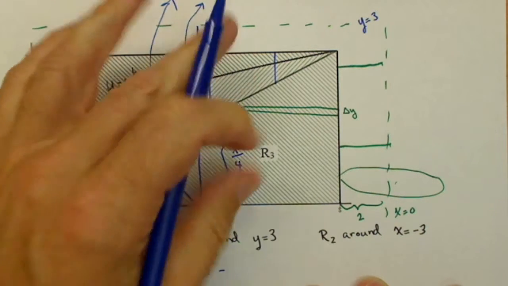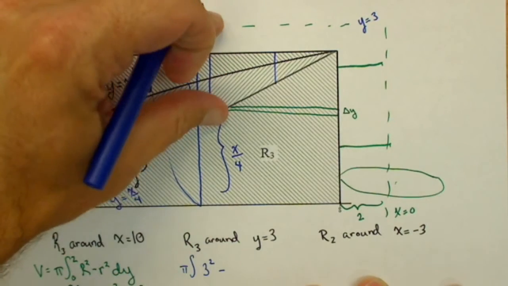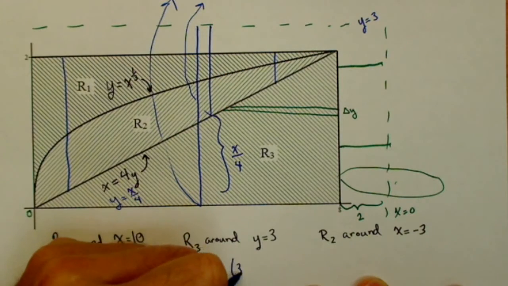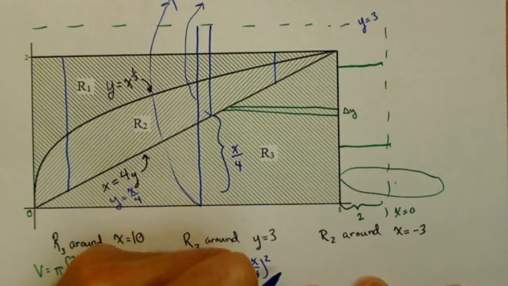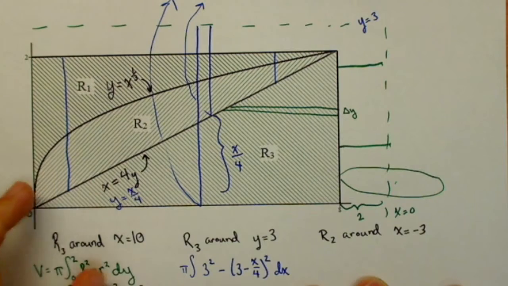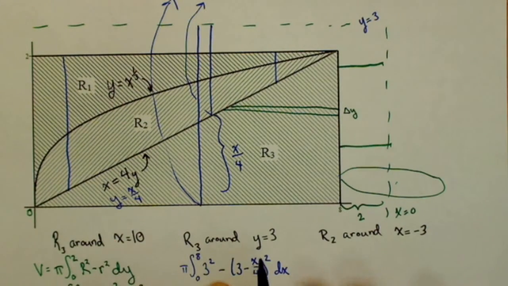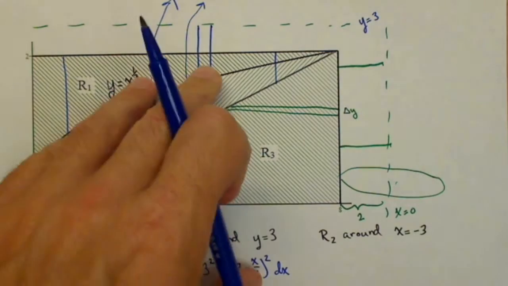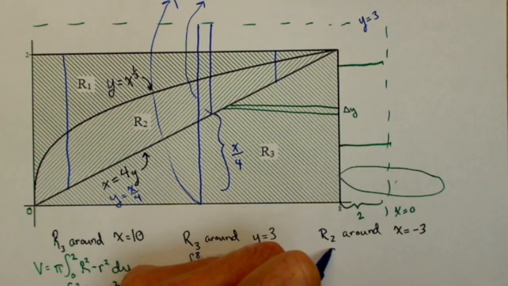So our radius, which is this piece, is 3 minus x over 4. So (3 minus x over 4) quantity squared dx. We've got our limits on x, which will be 0 to 8. So hopefully you're seeing how we're getting this radius. That's really the key to these volumes of revolution.